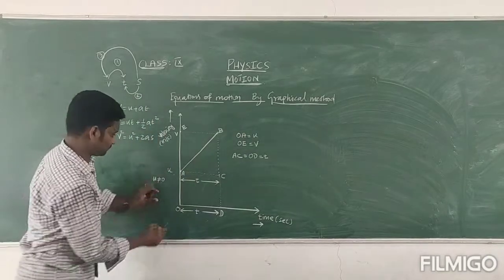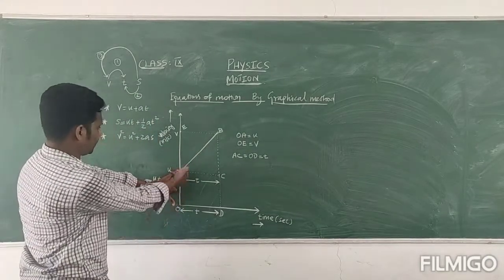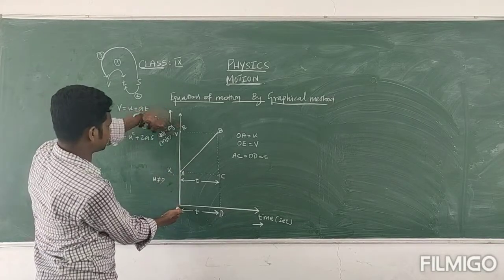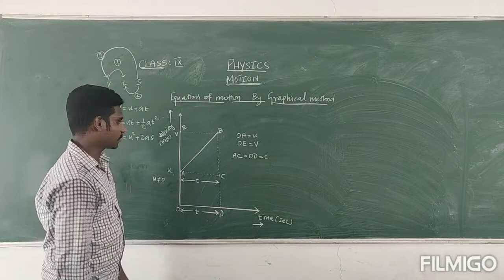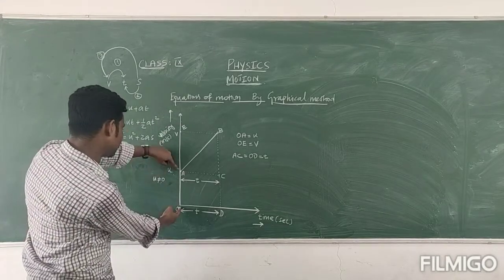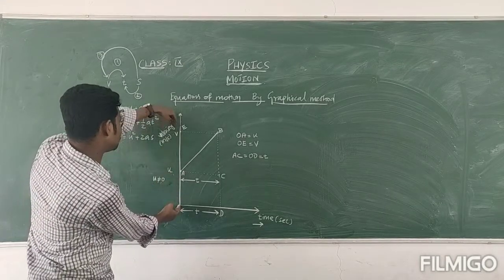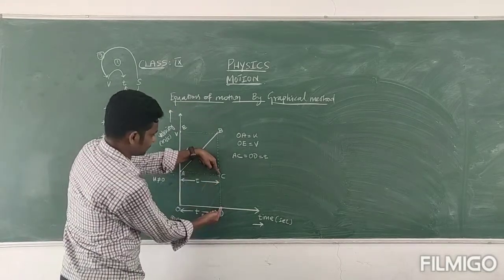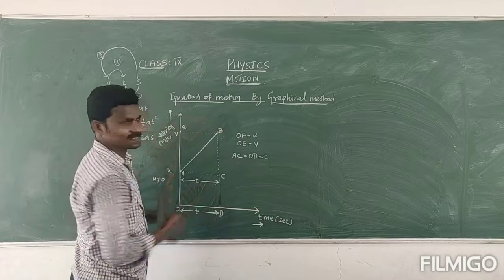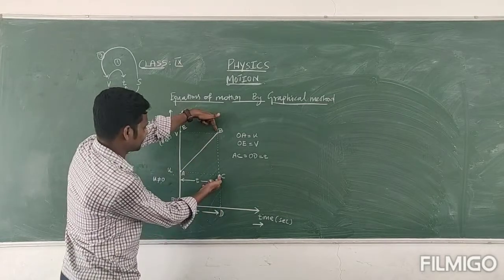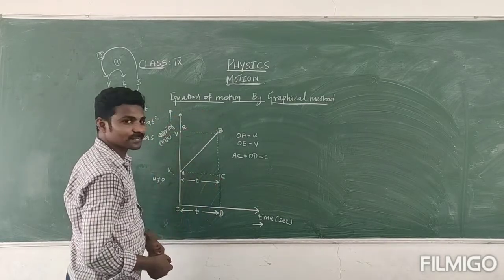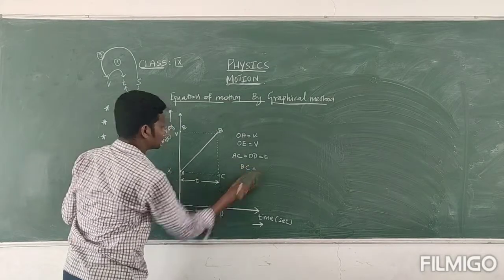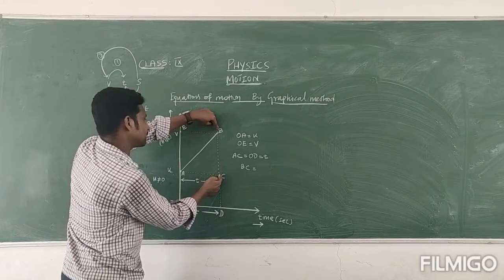Please listen. O to A is initial velocity, like that O to E is final velocity. So up to here is the initial velocity, up to here the final velocity. Then what about this value? That is BC. I need BC. What will we do?